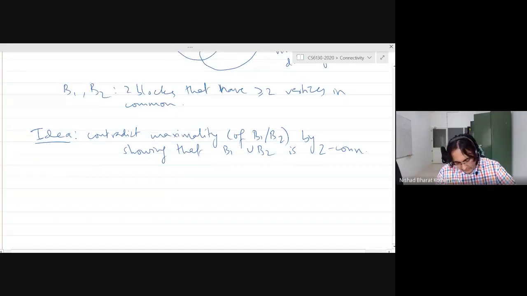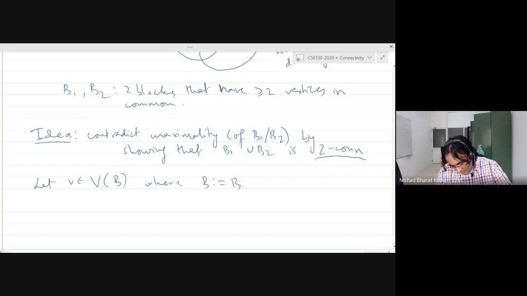Okay, so how do we prove that the graph is 2-connected? Well, we just argue, let V be any vertex of B1 union B2. In fact, let me use some notation. Let V be any vertex of B, where B is B1 union B2.